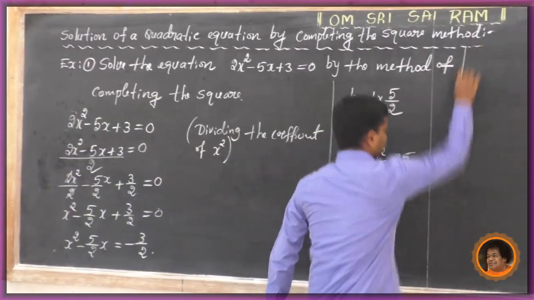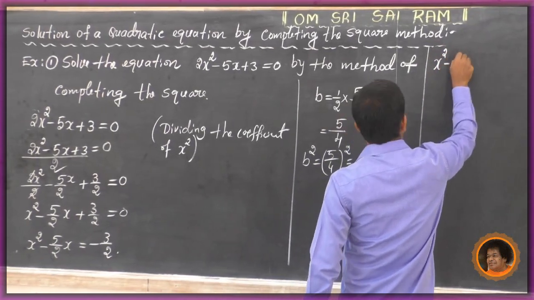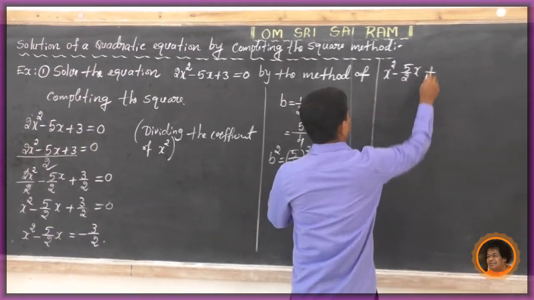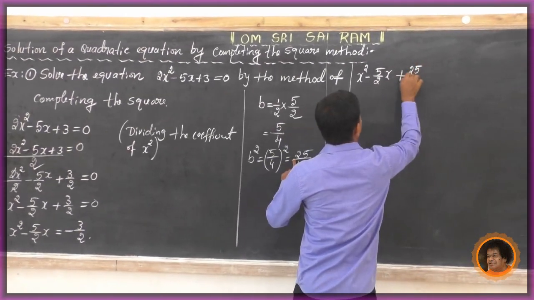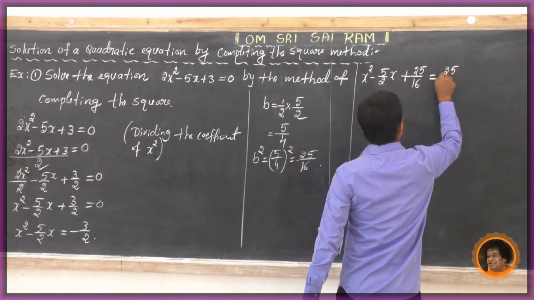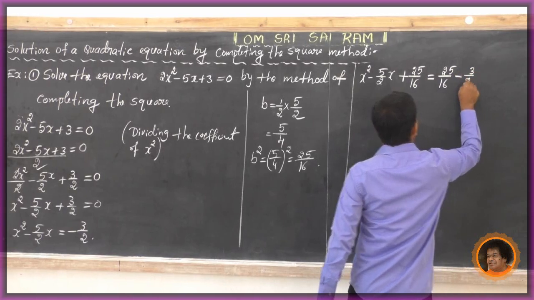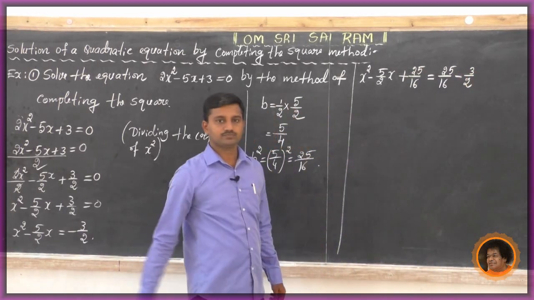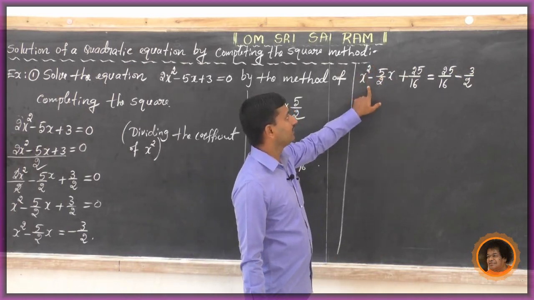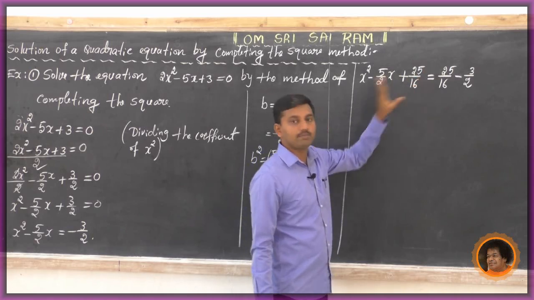So see here, x square minus 5 by 2 into x plus the b square value 25 by 16 equal to 25 by 16 minus 3 by 2. Now solve the equation. Just look at the left hand side of the equation: x square minus 5 by 2 into x plus 25 by 16.